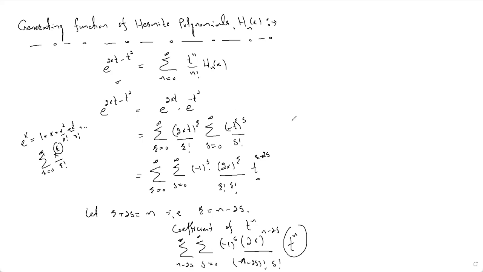And since r is equal to n minus 2s, n minus 2s is always greater than or equal to 0, so I can say that s is less than or equal to n by 2.